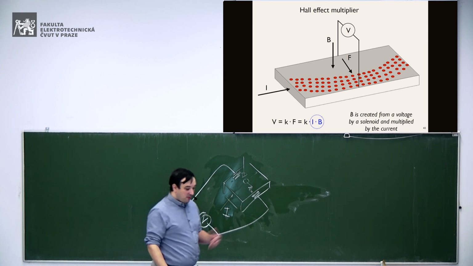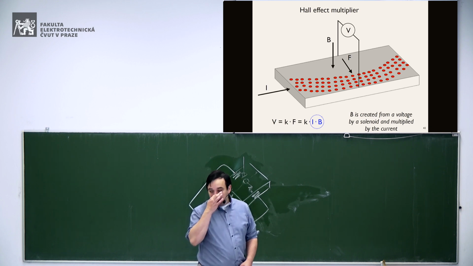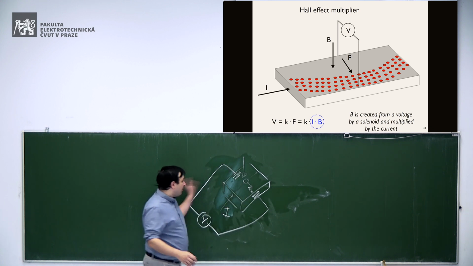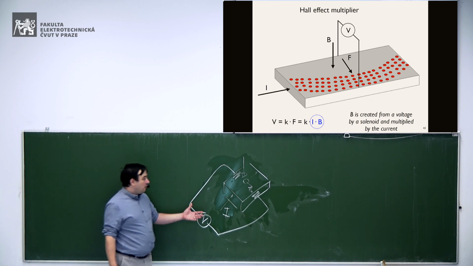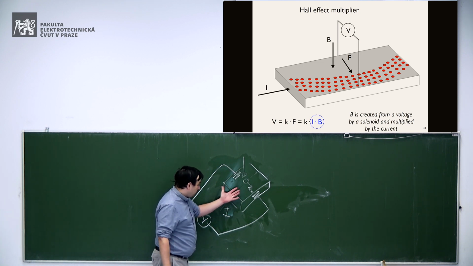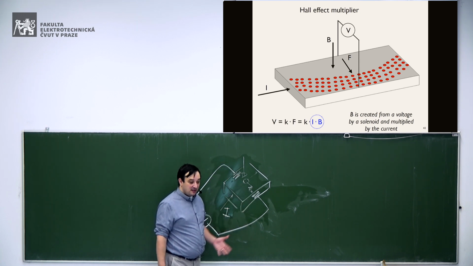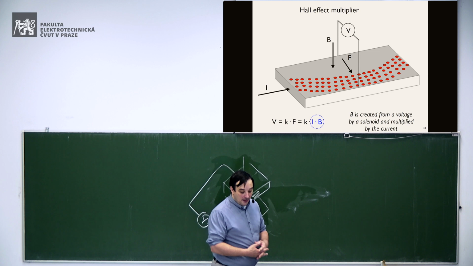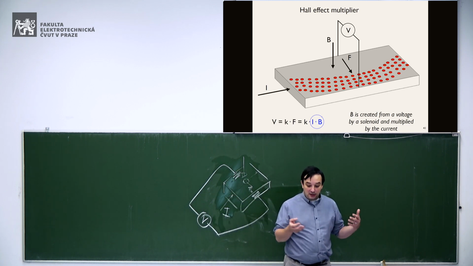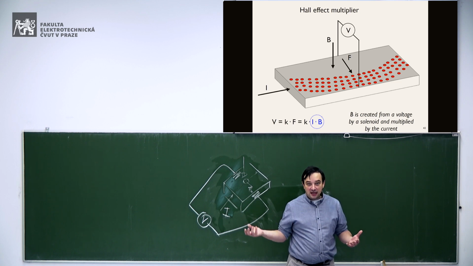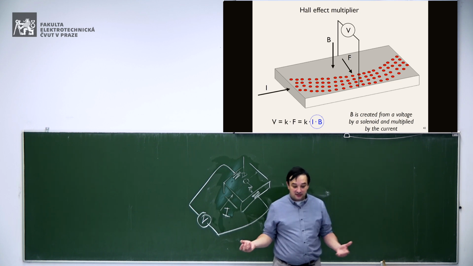This voltage will be proportional to the disequilibrium of charges, which is given by the force. And the force is proportional to the current, and it's proportional to the magnetic field. Therefore, at the end of the day, you have a voltage which is proportional to the product of the current and the magnetic field, right?